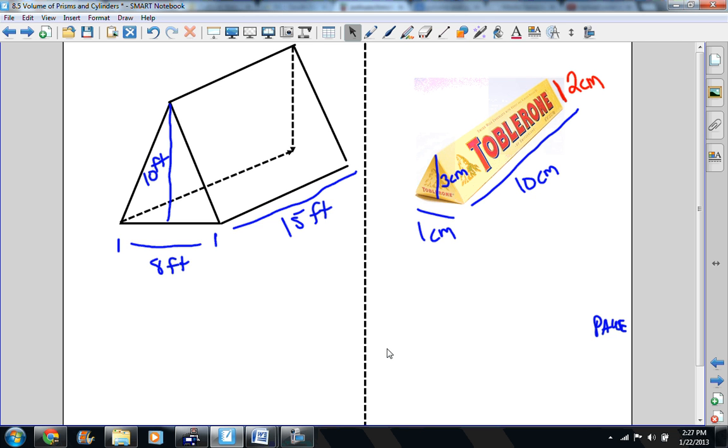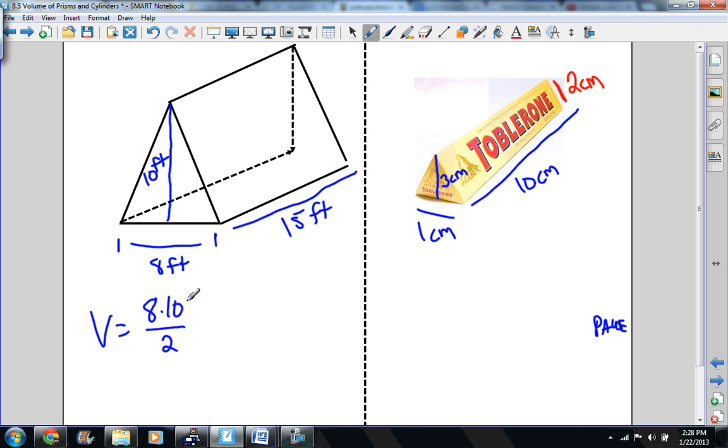Now I want you to try these two. Understand these are triangular prisms, but the idea should be the same: area of the front face times the depth. Okay, so this one, my front face is right here. So 8 times 10 divided by 2.